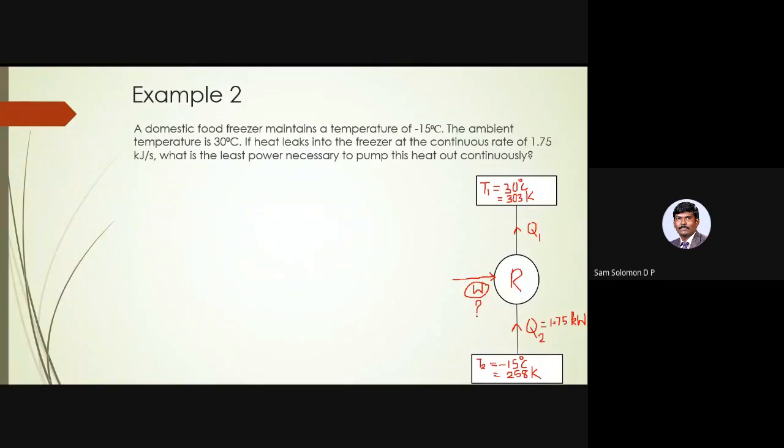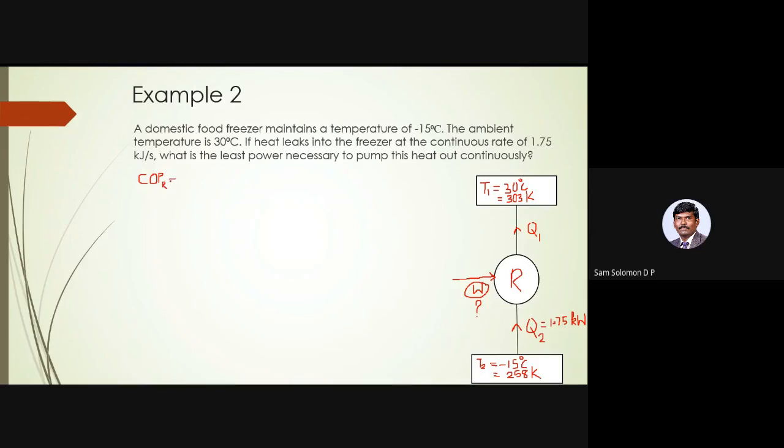Once again in this problem, since we don't know the value of W and Q1, we can't straight away use the formula of COP with reference to the heat energy. So we have to proceed with the Carnot COP and then use that to get the value of W. It is similar to the previous problem.